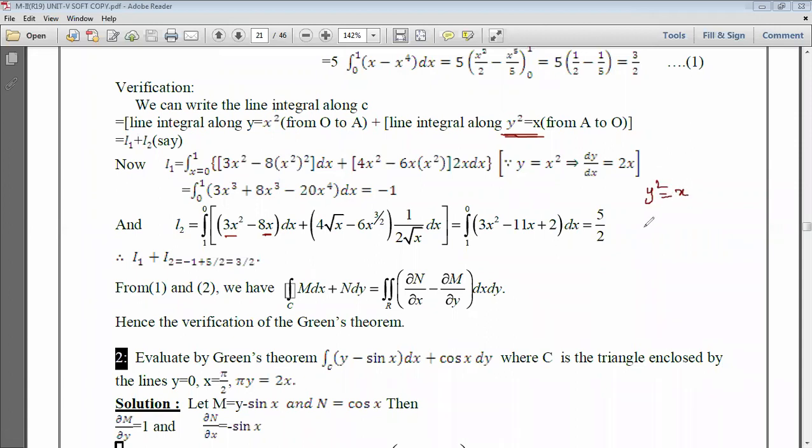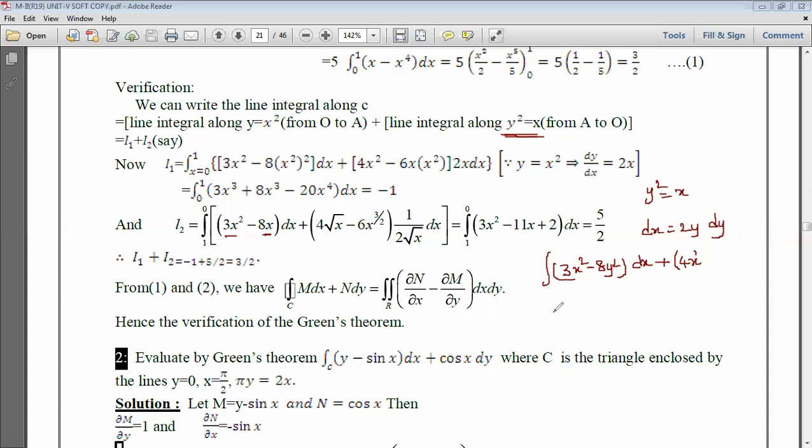So if you apply differentiation for this, dx is equal to 2y dy. Here m dx is nothing but 3x square minus 8y square dx plus 4x square minus 6xy into dy now, right?